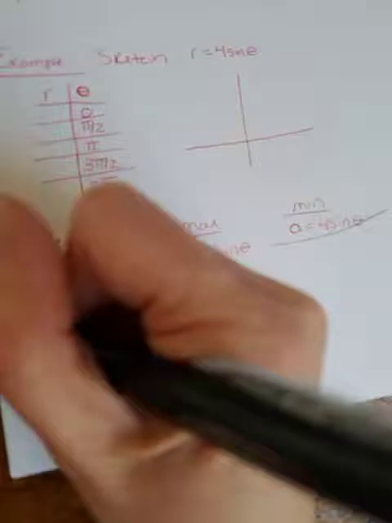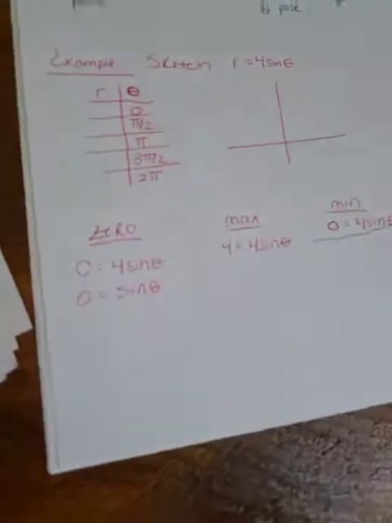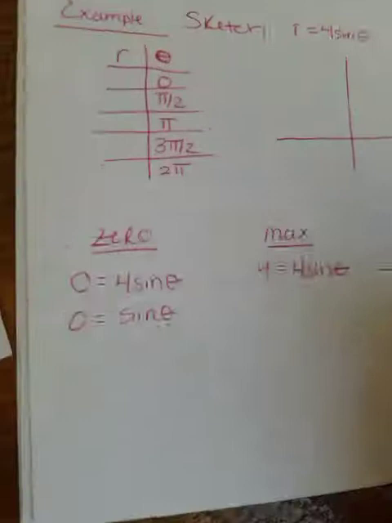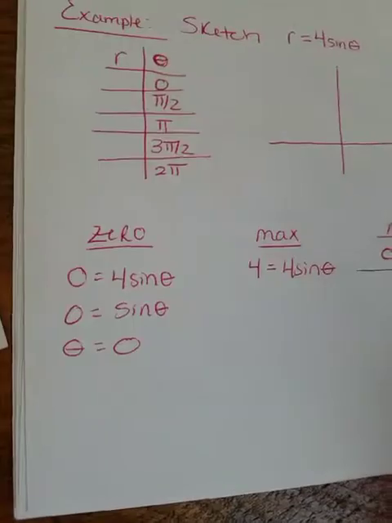That just means 0 equals sine of theta if I divide by 4. Technically you'd take the sine inverse of both sides, but you're looking for the theta whose sine is 0. In this case, theta equals 0, and this time I'm in radians.